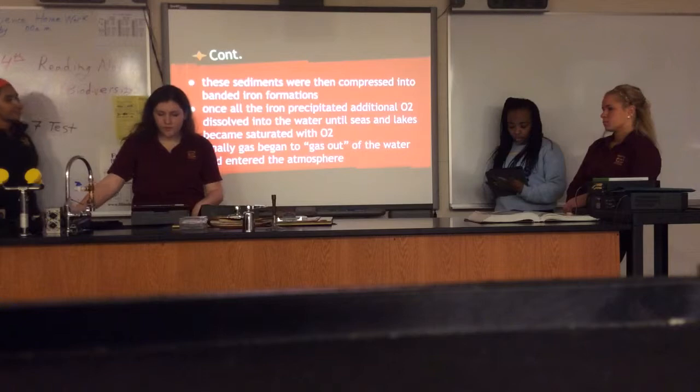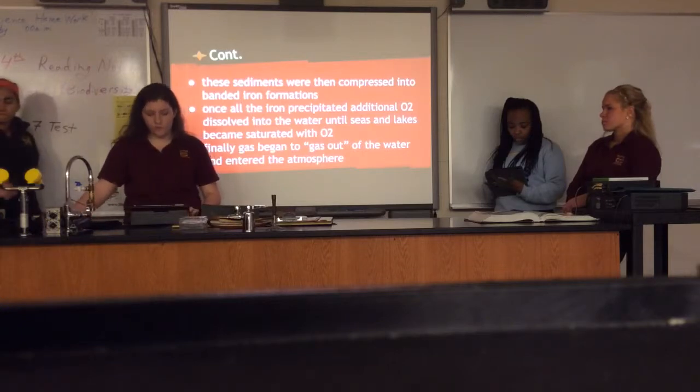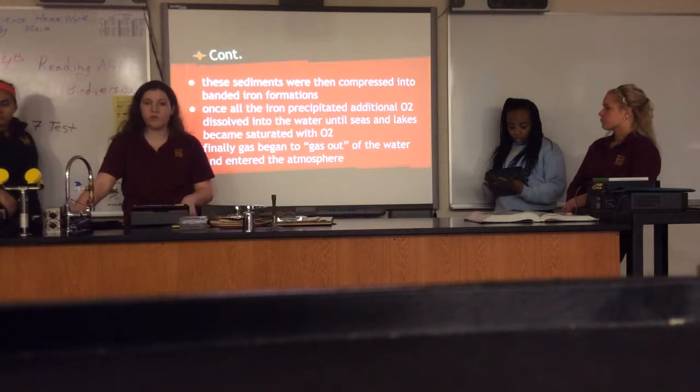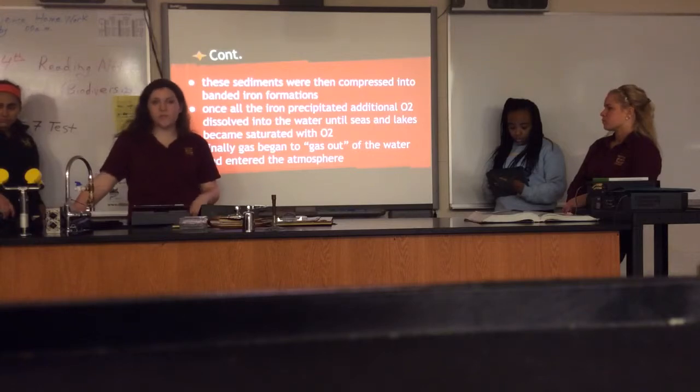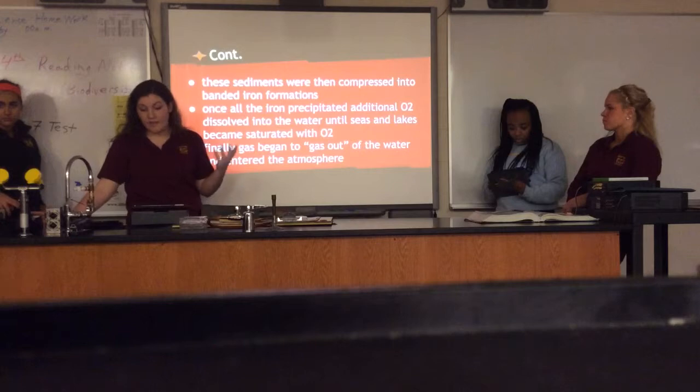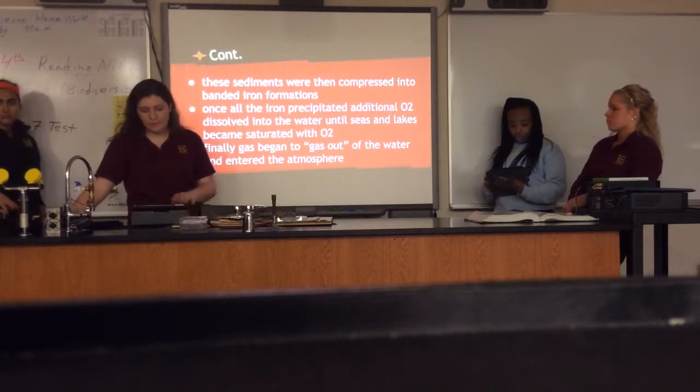These sediments were then compressed into banded iron formations, and once all the iron precipitated, additional O2 dissolved into the water until seas and lakes became saturated with O2. Finally, because the water was so saturated, gas began to gas out of the water, and that's when O2 started to enter the atmosphere.